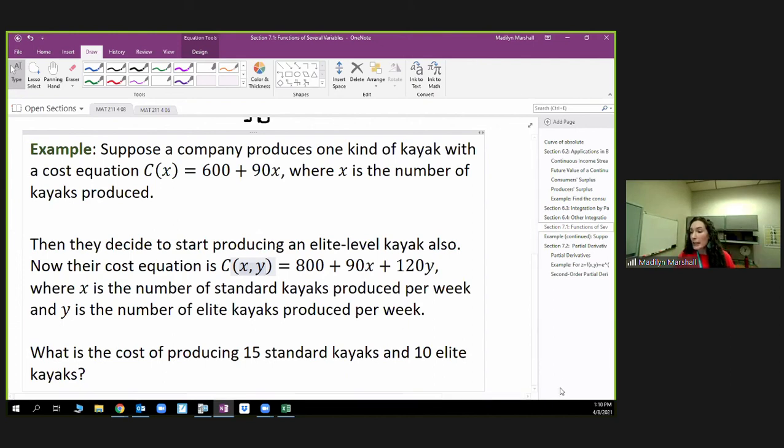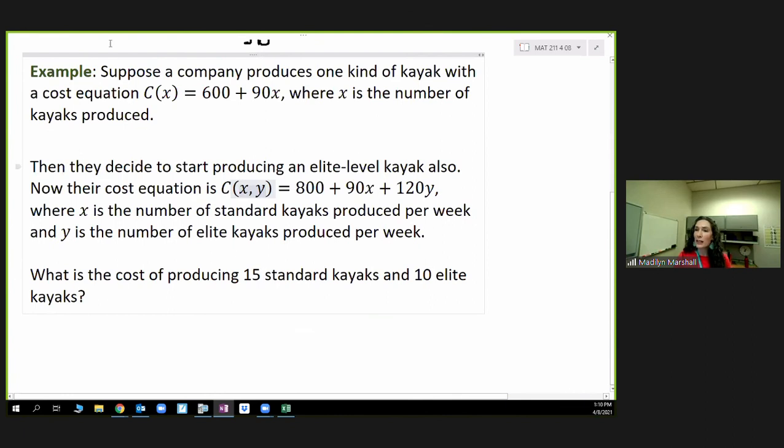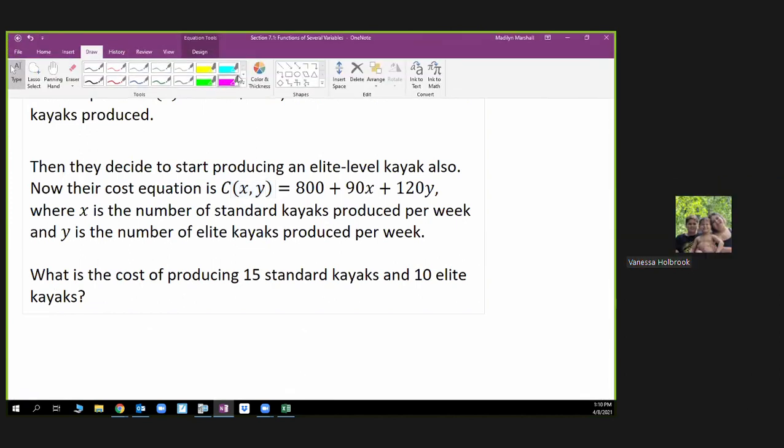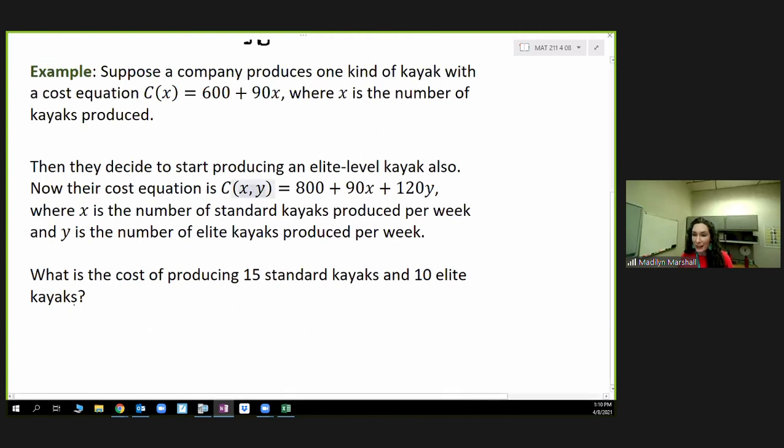And so the question here is, what is the cost of producing 15 standard kayaks and 10 elite kayaks? So plug and solve. Exactly. So this is mostly an introduction to notation of multivariable functions.